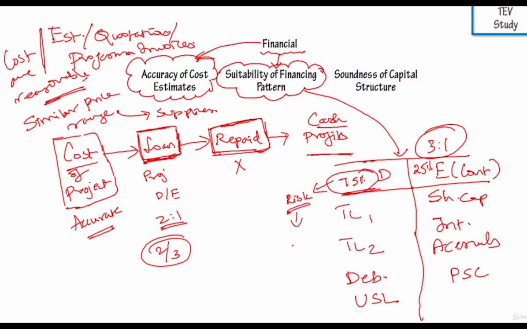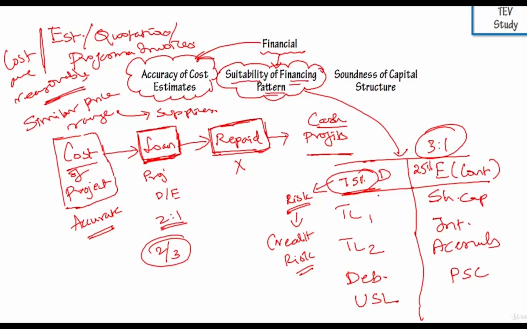This is going to result in credit risk. Why? Because this project is not capable enough to generate so much cash to service this loan. So this project may attract a default risk. So they are going to talk about the suitability of the financing pattern.